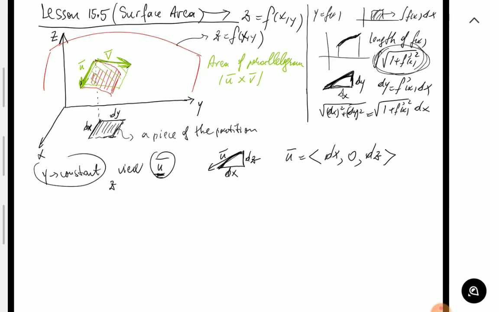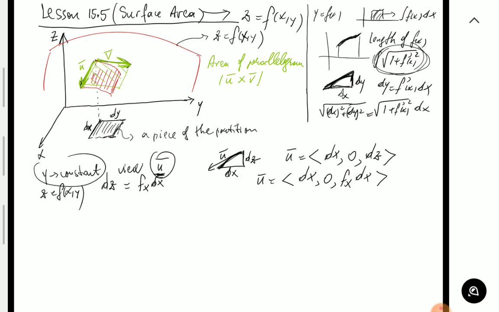Also, because y is constant, you can view z as a function of x only, which means dz is simply the derivative with respect to x, which is partial x, times dx. So the vector u is dx, 0, partial x of f dx.